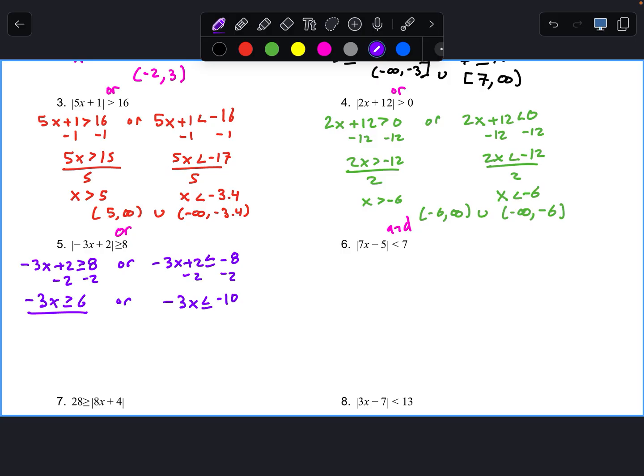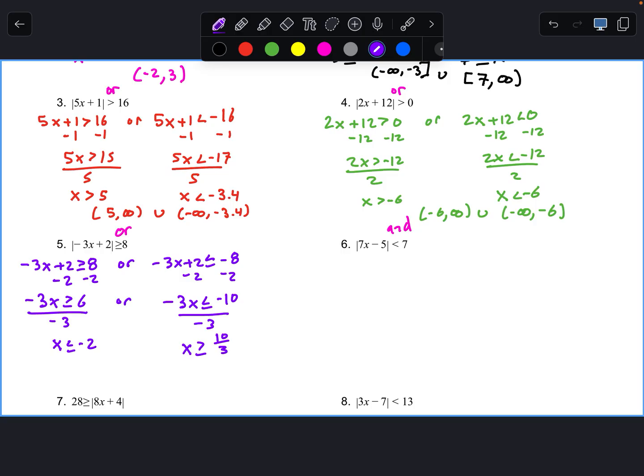I divide out by my -3. As I divide out by -3, my sign flips. So x is less than or equal to -2, or x is greater or equal to 10/3. I'm going to leave this as a fraction. I find it easier to leave these problems that way. If you did it on your calculator, though, you might end up with 3.3 repeating.